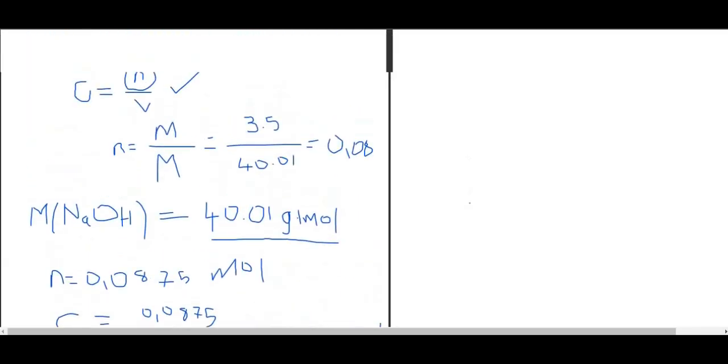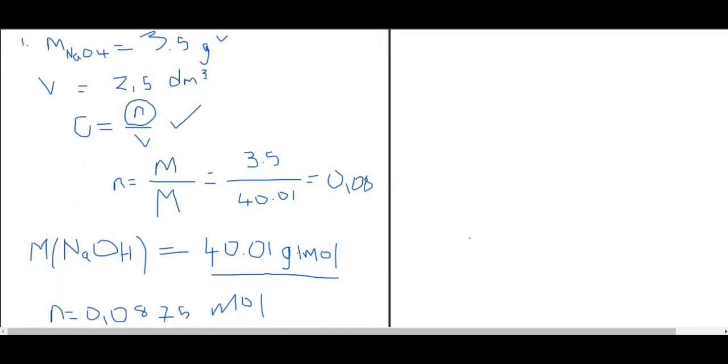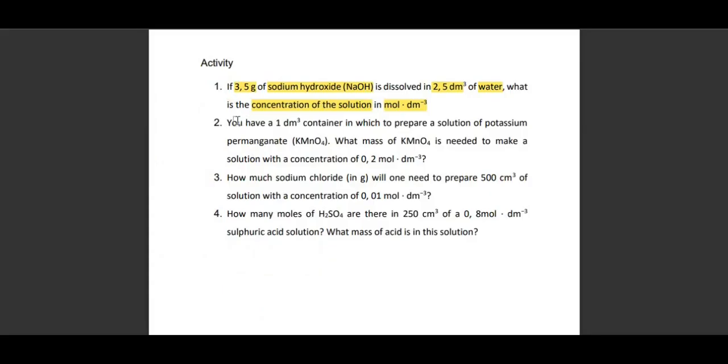So in the second question, we are required, let me see. They say you have a 1 cubic decimeter container in which to prepare a solution of a substance called potassium permanganate.